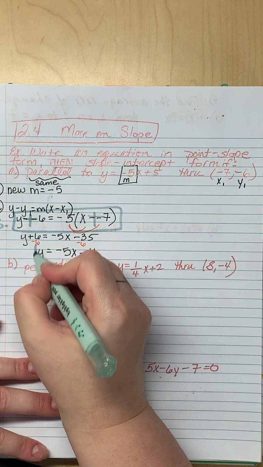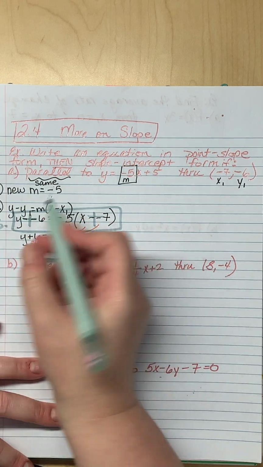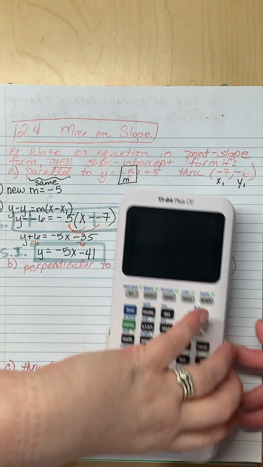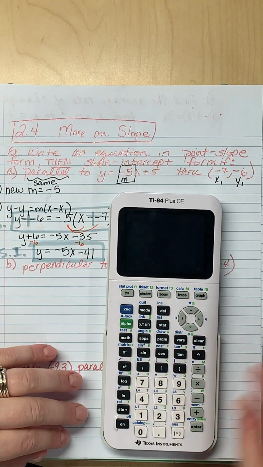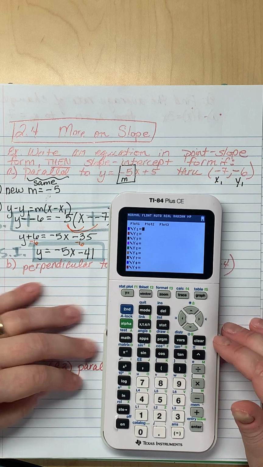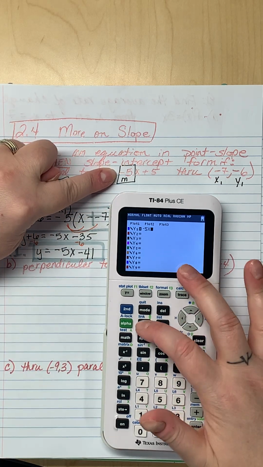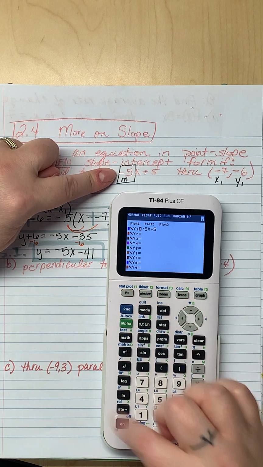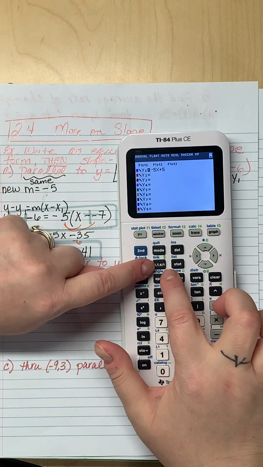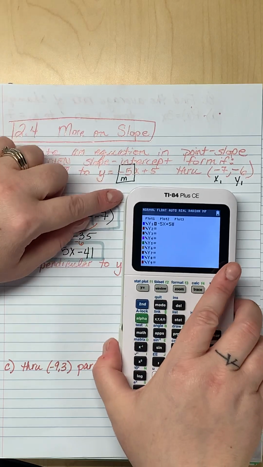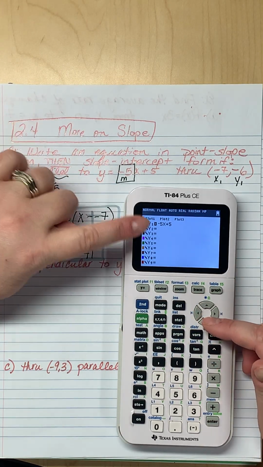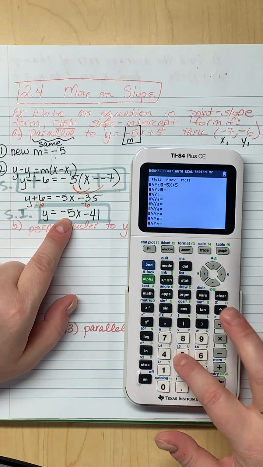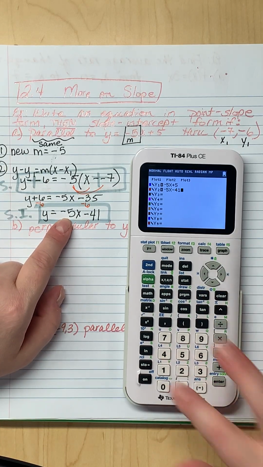Hey baby, this is the parallel and it's in slope intercept. And if you wanted to check yourself to see whether they are parallel, you could graph the original -5x plus 5 by going to y equals, type it in your equation, x is right here, and then pressing, and then going down to y2 and typing our ending answer, -5x minus 41.